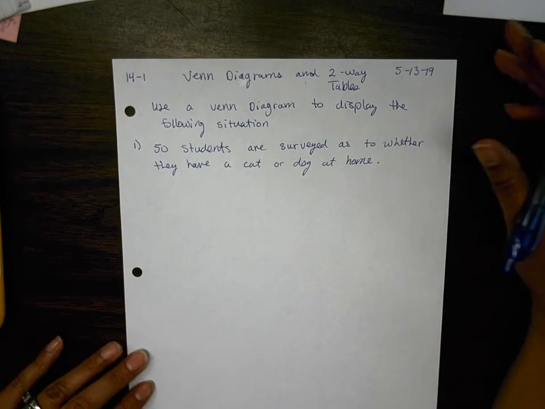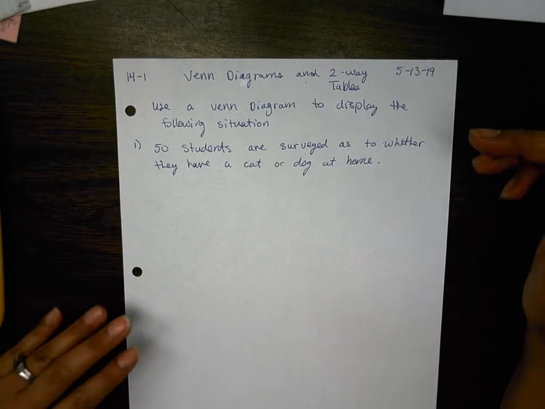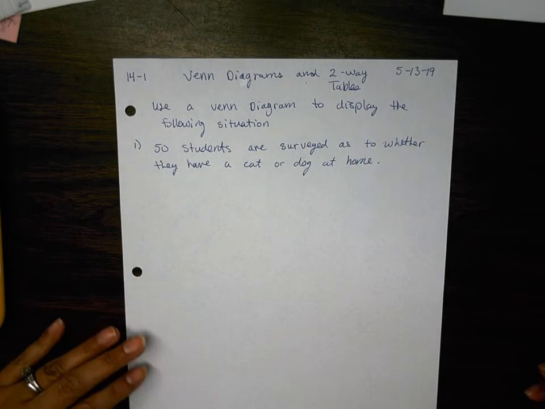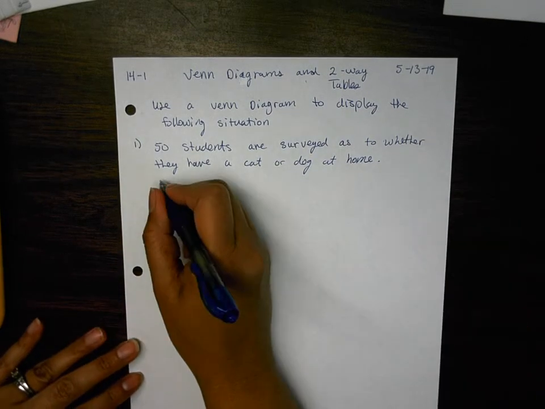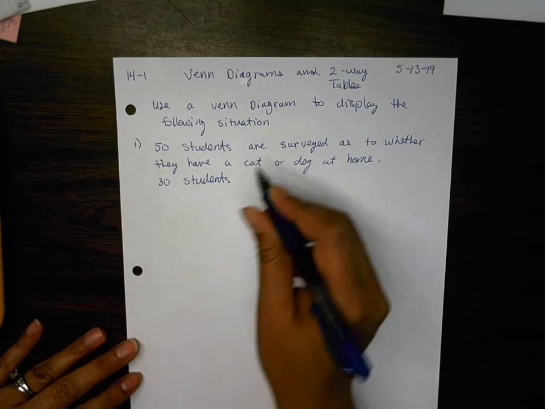Okay, it's no other pets, just cat or dog. That's the only 2 pets on the survey, cat or dog. So if you have a bird or a fish or a reptile, it's not on the survey. All right, cat or dog at home.